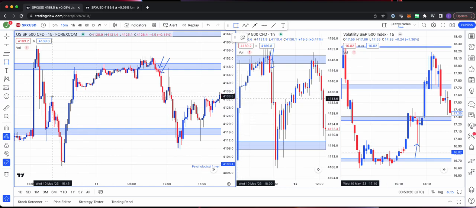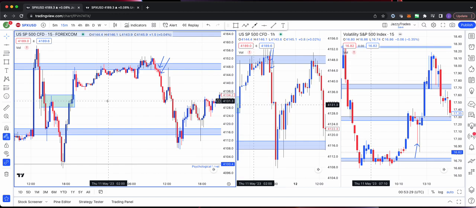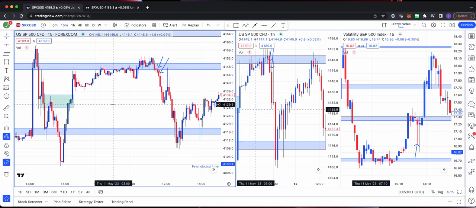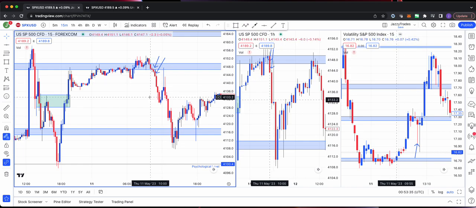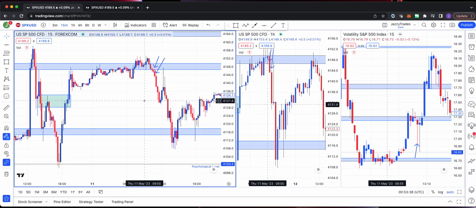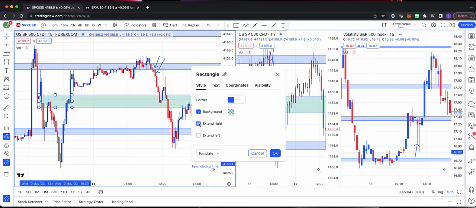See these wicks here, these two in the middle? This is going to be magic for you guys, but it works every single time, 9 out of 10 times. Either when the price is coming down, and I do this every time. I'm going to extend this to the right so you guys see what I'm talking about.